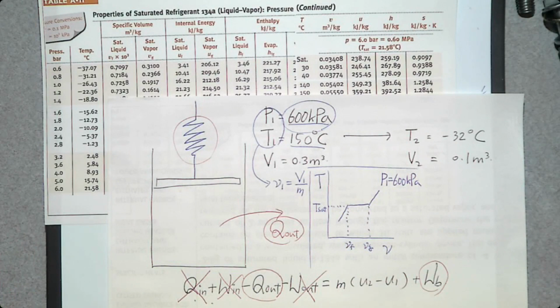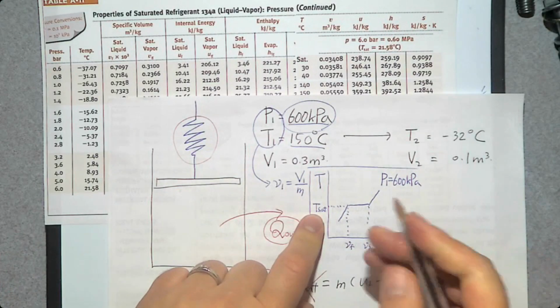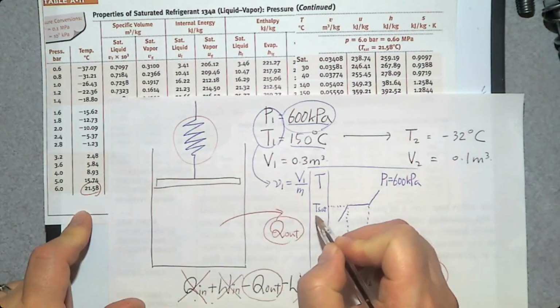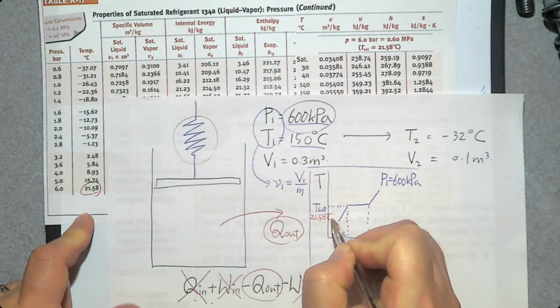Where can we find T sat, vf, vg at this pressure? So let's find 600 kilopascal from this pressure table. 600 kilopascal is 6 bar. So what is the temperature, T sat? 21.58 degrees Celsius. Wait.